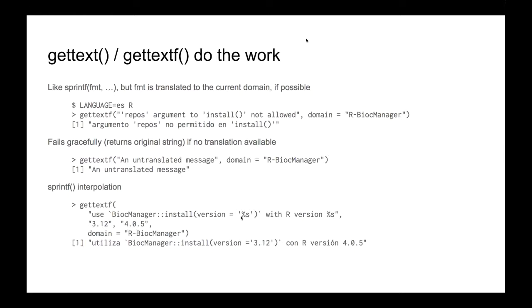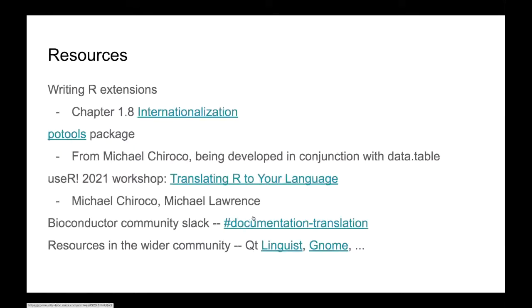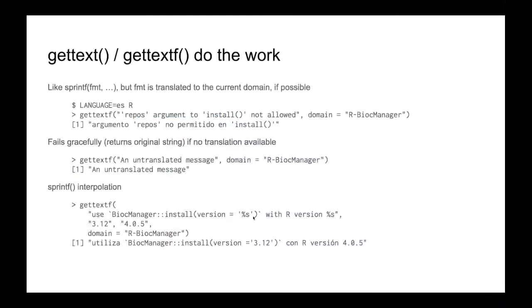Well, there are actually two things. There is this sprintf kind of interpolation, so you can inject things. But also, you could imagine you have stop, and you have a phrase that says your data is all messed up, and then the next argument to stop is the vector of values that are non-negative.